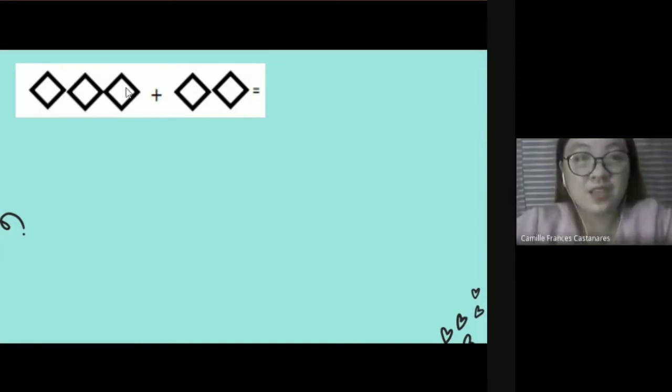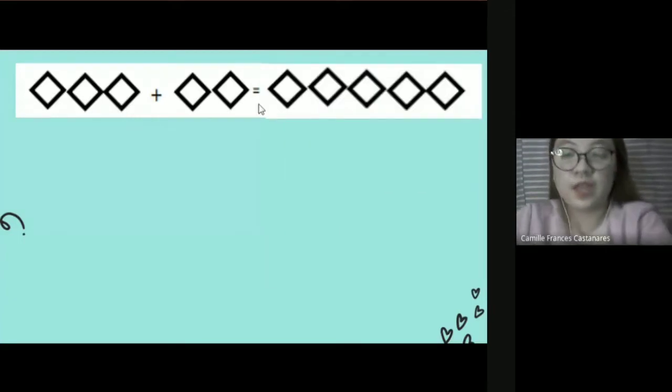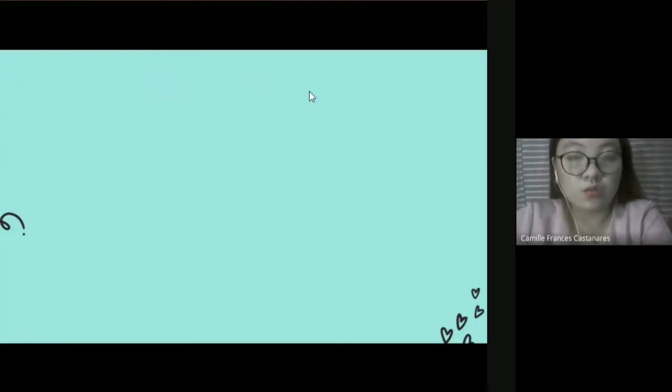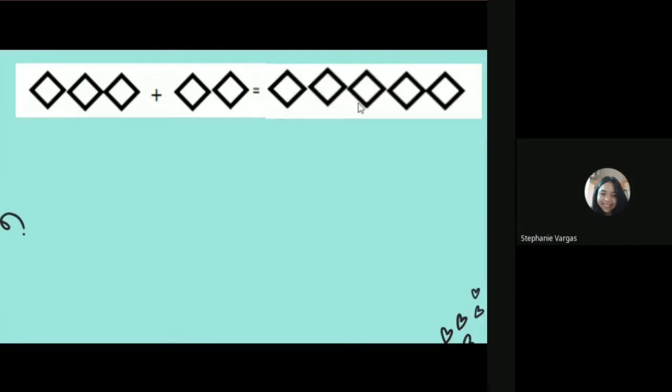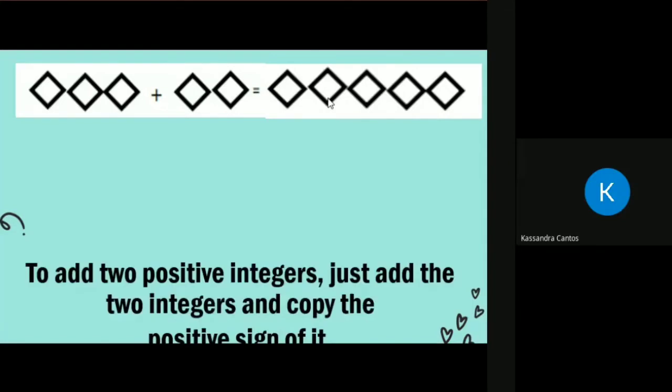Wala namang negative, so walang kaparehang positive, walang kapareha tong positive na to na isang negative na pwede natin i-cancel. So, pag pinagsama natin yan, again, 1, 2, 3 plus 1, 2, so we will have 5, or positive 5.